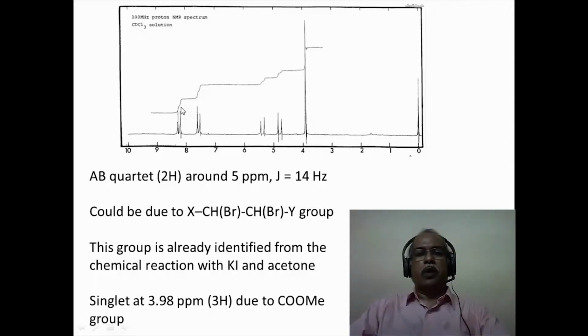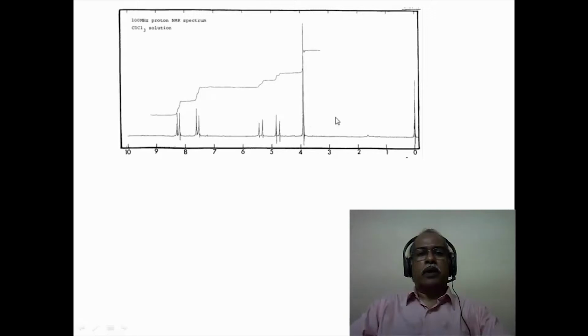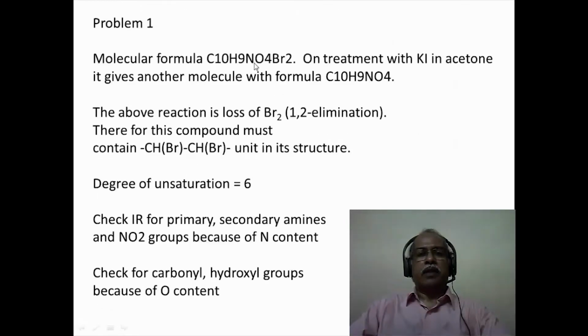So 2, 2, 1, 1, 3 is the integral ratio that we are talking about. So overall it corresponds to 9 hydrogens, which corresponds to the molecular formula in this particular system. So 3 plus 1, 4 plus 1, 5, 5 plus 4 is 9. So the molecular formula should have 9 hydrogens. So that is satisfied in this particular system.